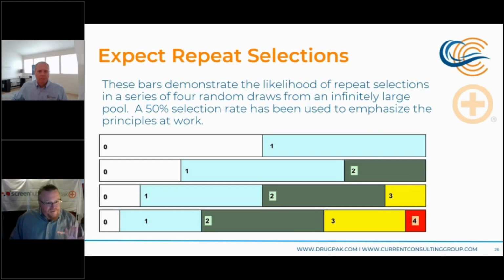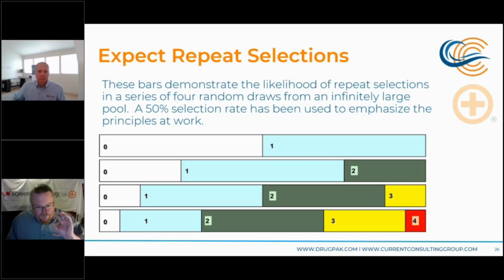But what you do see here is that among the groups, being selected twice is the single most likely group to be in. And if we were to continue, if you were to chart this vertically, it would start to look like a bell curve, where the middle number is the highest and at the ends, there are small numbers.